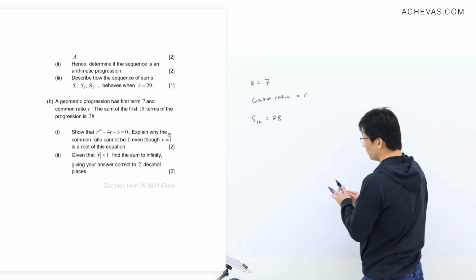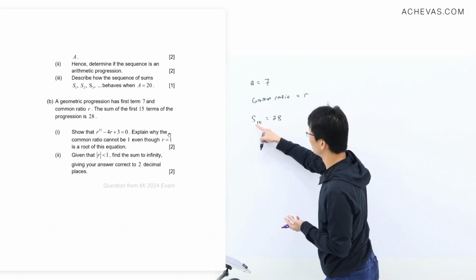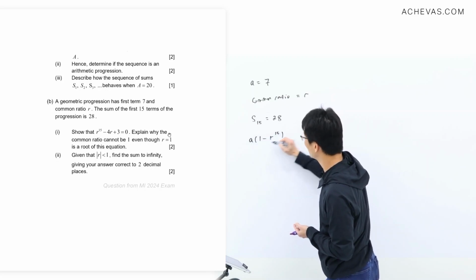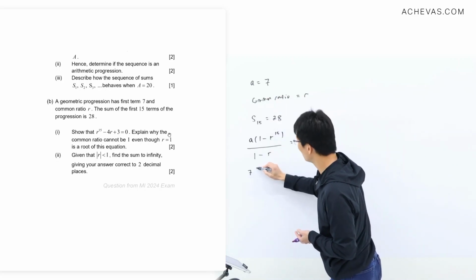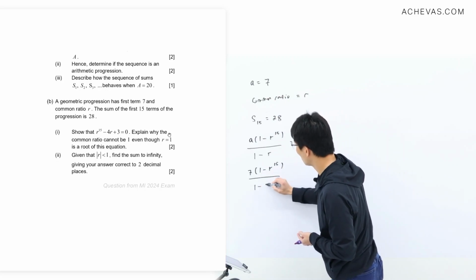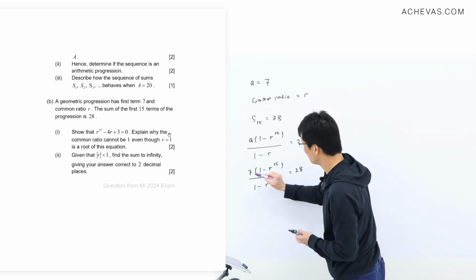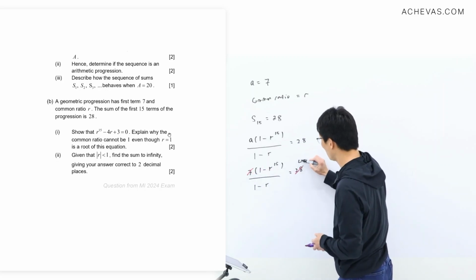Okay, let's make use of the formula for the GP first. For the sum to 15 terms, the formula is a(1 minus R to the power of 15) over 1 minus R equals 28. Sub in the values: 7(1 minus R to the power of 15) over 1 minus R equals 28. Let me simplify a bit first by dividing by 7, so I will be left with 4.